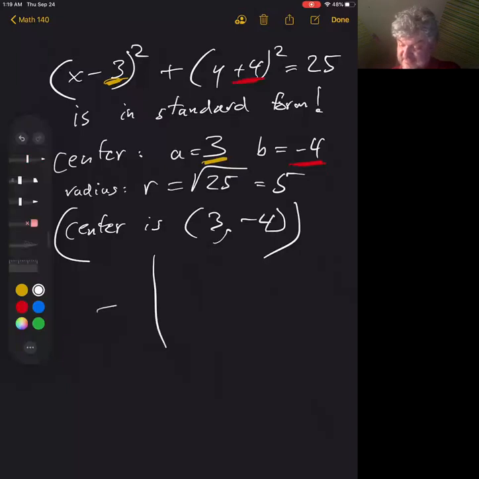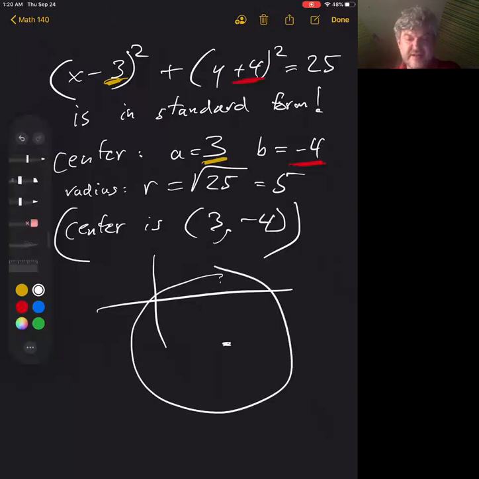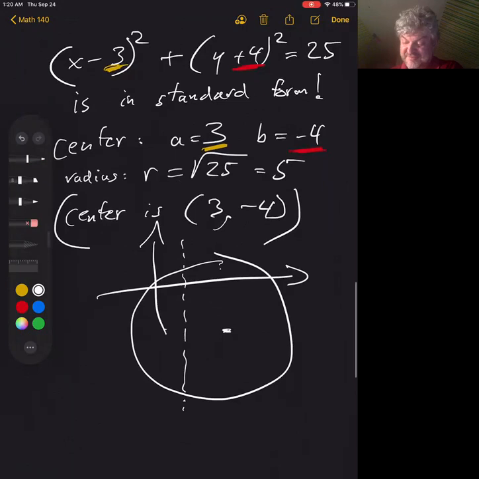It definitely does not pass the vertical line test. There's plenty of vertical lines where the line hits the circle 2 times, so it's not a function, but it's a relation, a beautiful one, and in particular it is a circle.